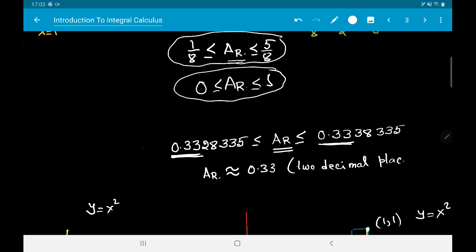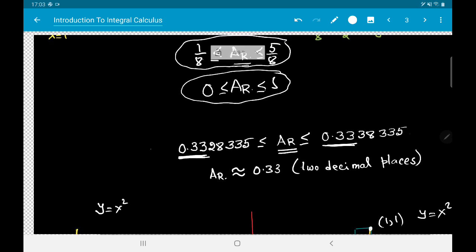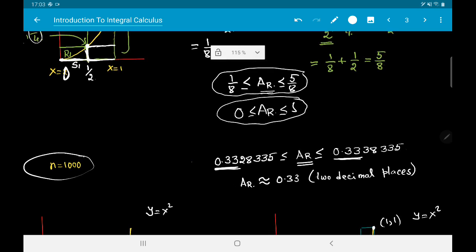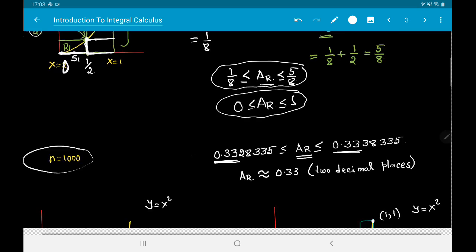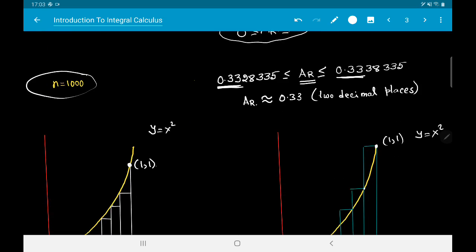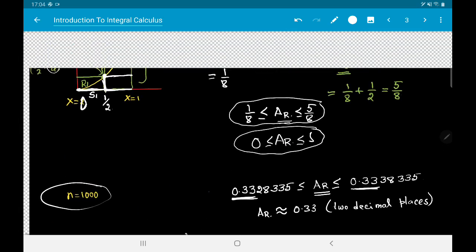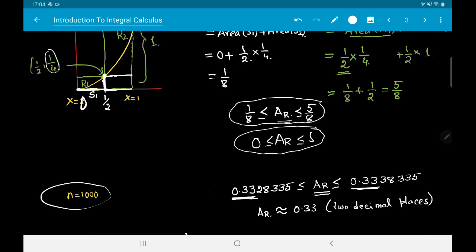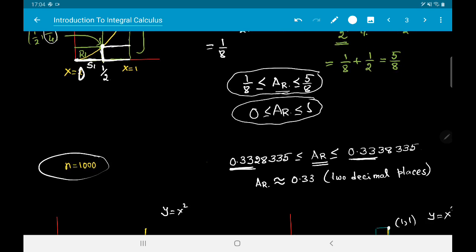So this method, as you can see, gives me good approximations of the area of the region that we are interested in. Okay, so now instead of dividing the base of the region into 2 equal parts or 3 equal parts and going ahead with the small calculations, let us think like how a mathematician will think.